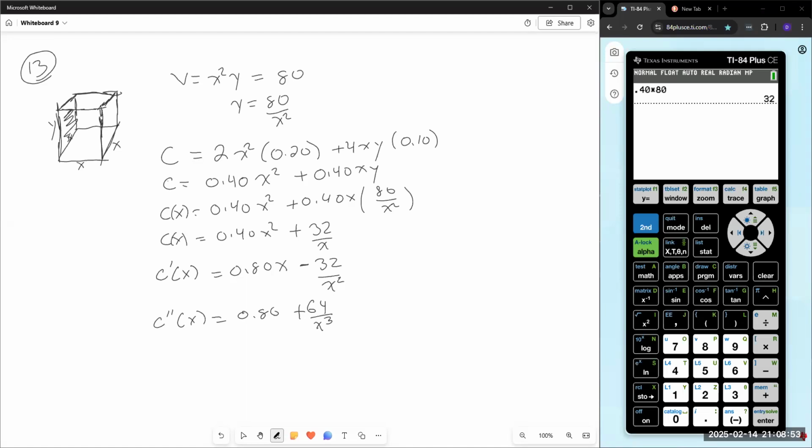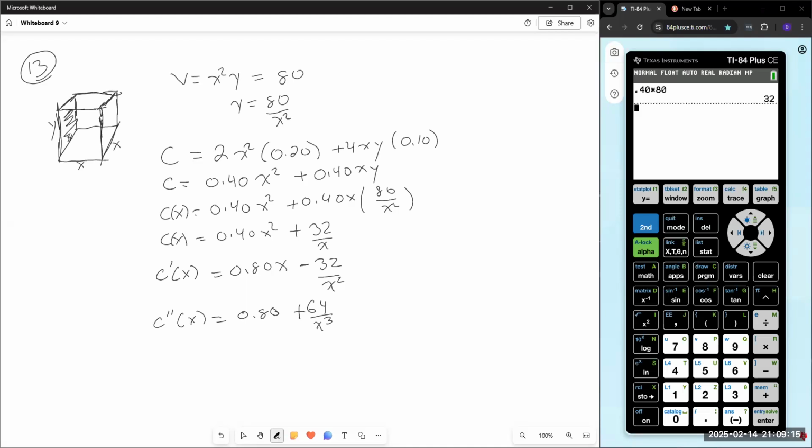Because x is always going to be a positive number, C double prime is always going to be positive, since I'm going to have a positive times a positive, and whatever my critical number is here is going to be on a concave up piece, forcing this to be a minimum cost. So that is what we want.